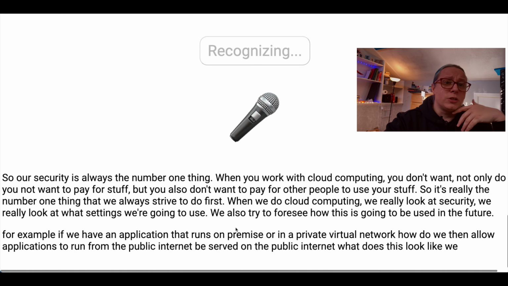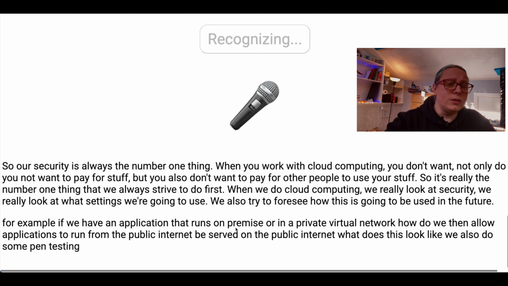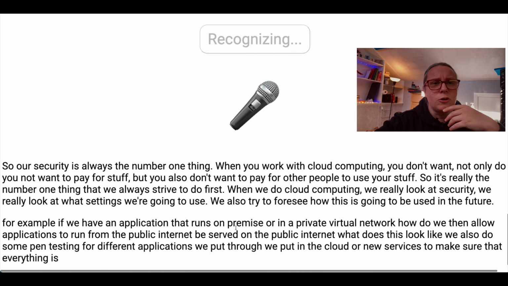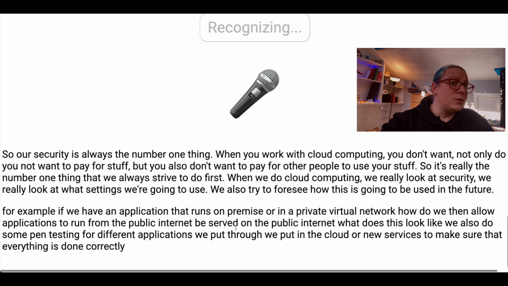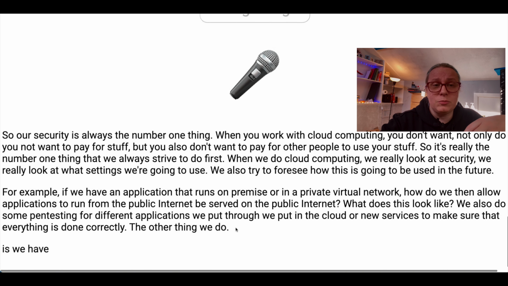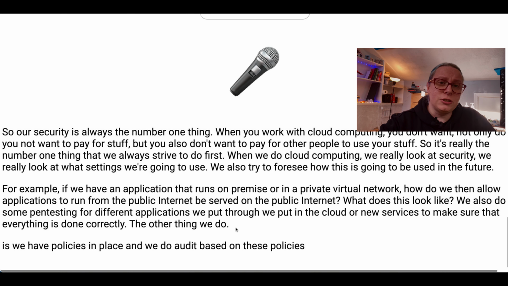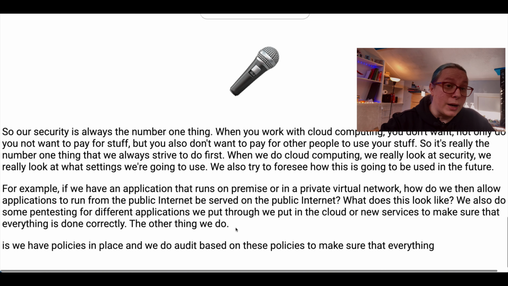We also do some pen testing for different applications we put in the cloud or new services, to make sure that everything is done correctly. The other thing we do is we have policies in place and we do audit based on these policies to make sure that everything is compliant with our policies.